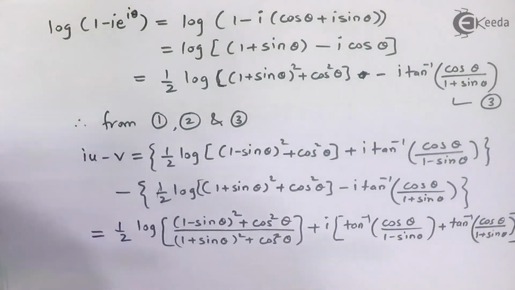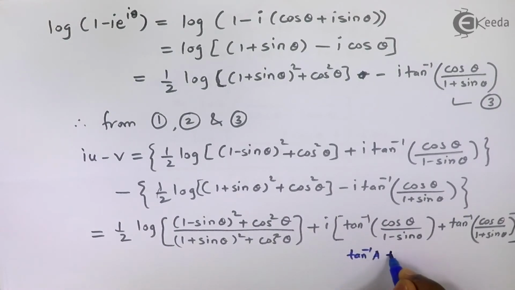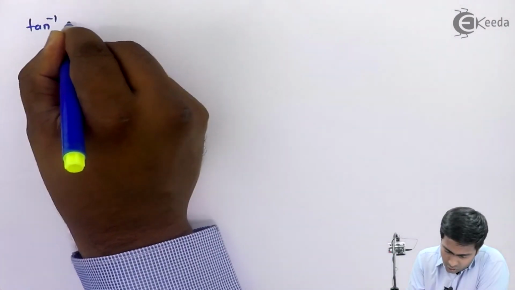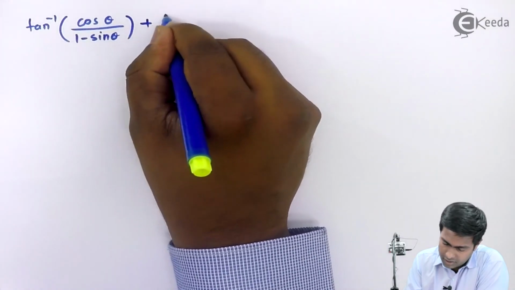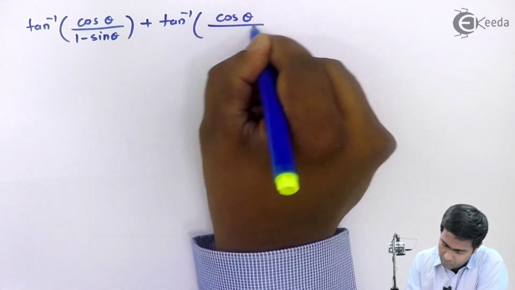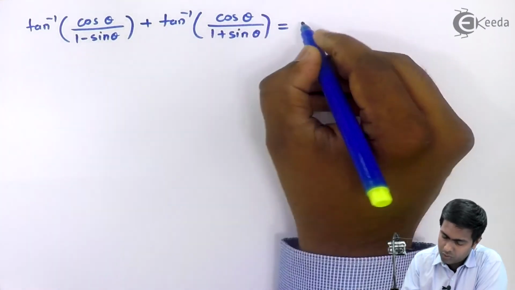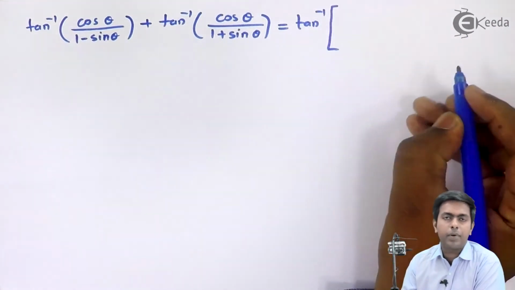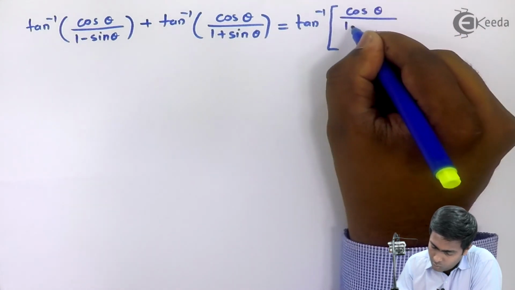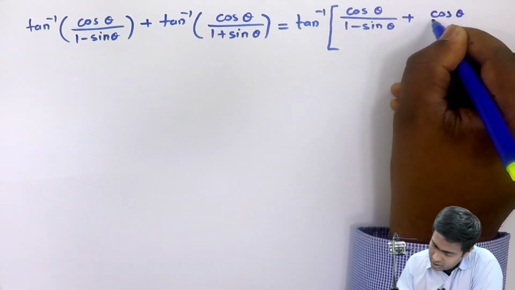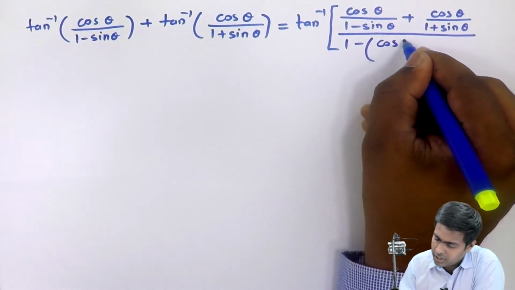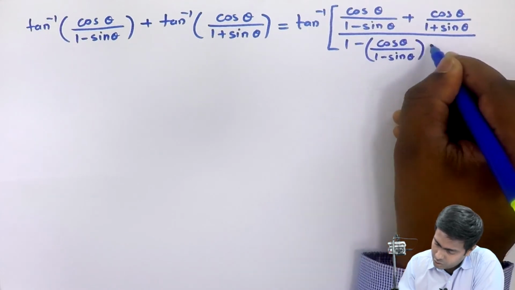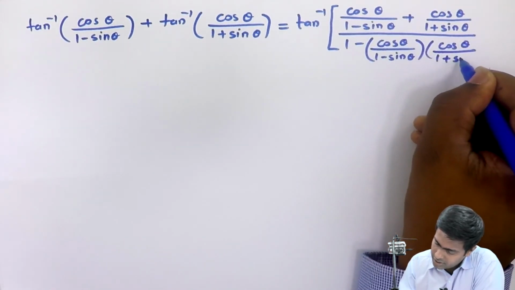Now here I will apply one formula, that is tan inverse of A plus tan inverse of B. So by applying the formula, we will get tan inverse of cos theta upon 1 minus sin theta plus tan inverse of cos theta upon 1 plus sin theta equal to tan inverse of A plus B, that is cos theta upon 1 minus sin theta plus cos theta by 1 plus sin theta, whole divided by 1 minus A into B, that is cos theta upon 1 minus sin theta into cos theta upon 1 plus sin theta.